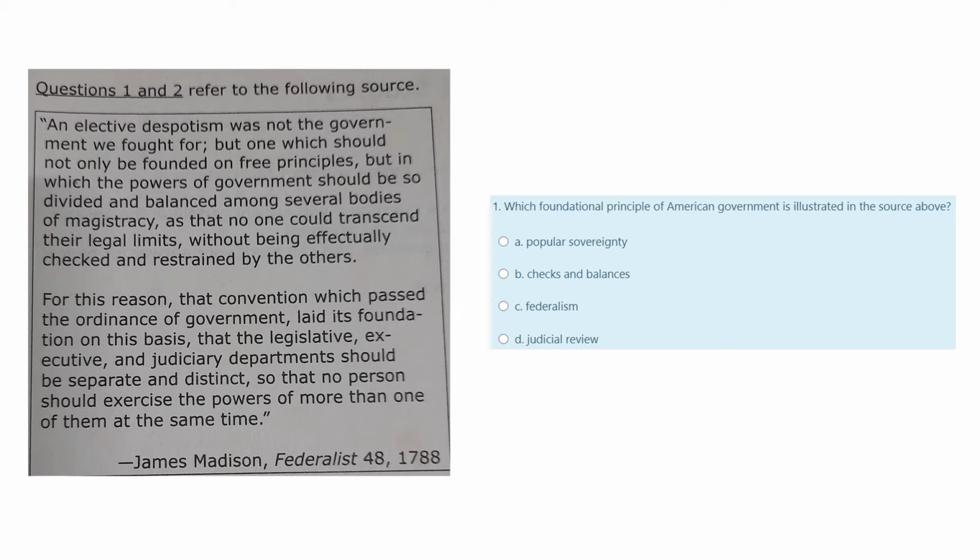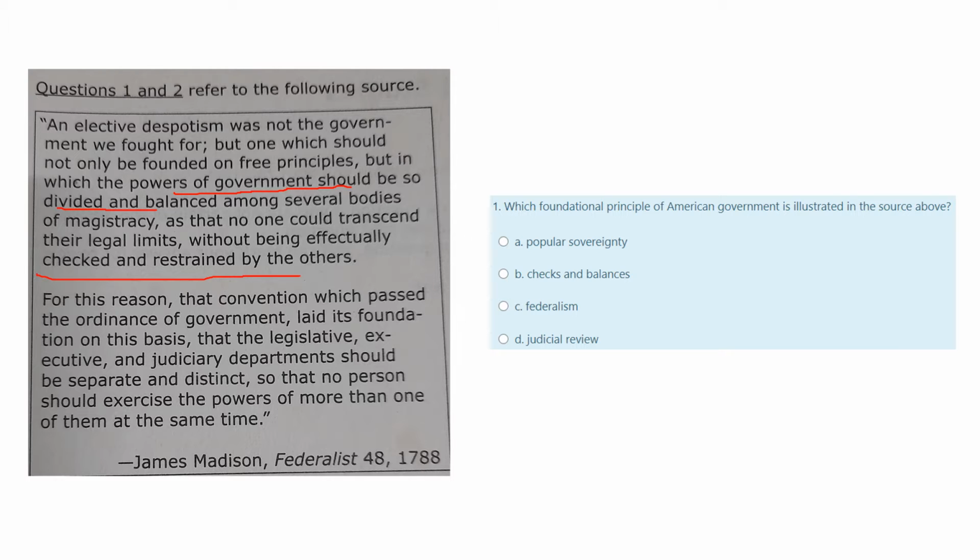Magistracy means just control. So we've got key there. The power of government should be divided, so that no one could transcend their legal limits without being effectually checked and restrained by the others. So no branch of government can go past what their limit is, because there is a balance to them.